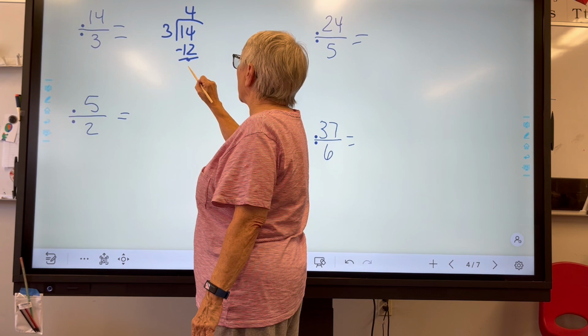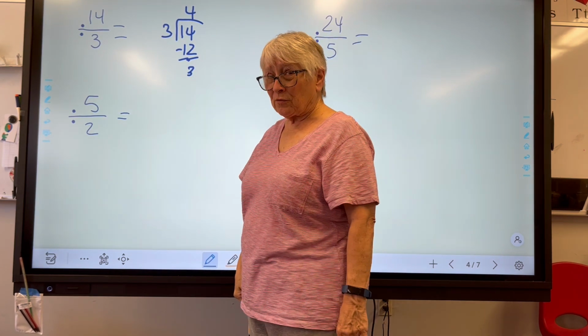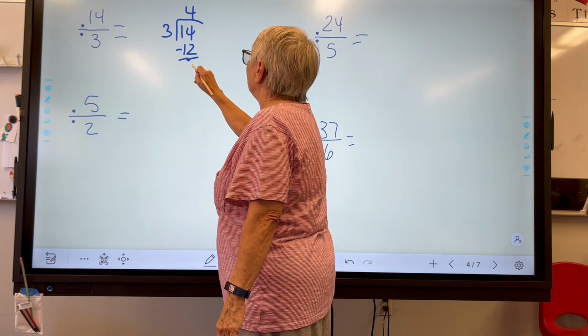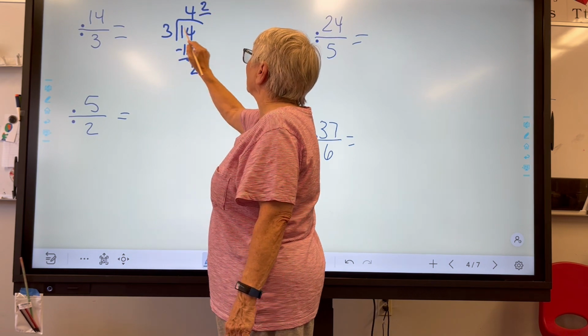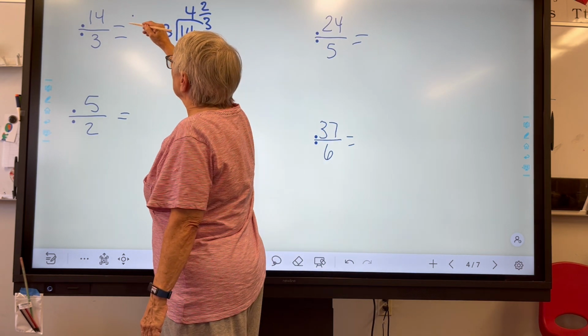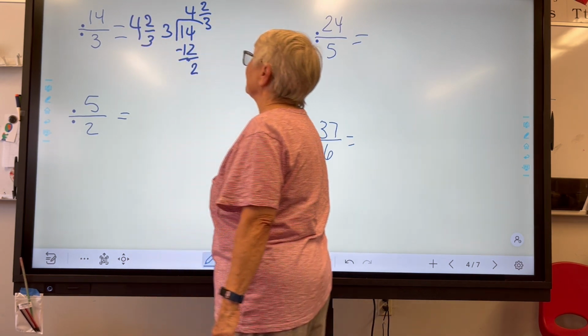And the remainder is now 3. Well, is the remainder 3? No, it's only 2. So the remainder 2 goes on top, and the 3 goes on the bottom. So the answer here is 4 and 2/3.